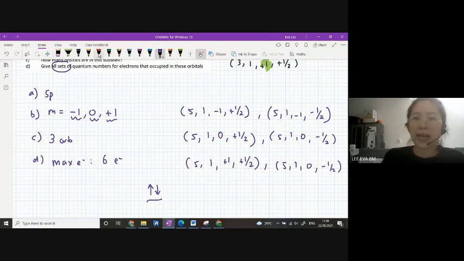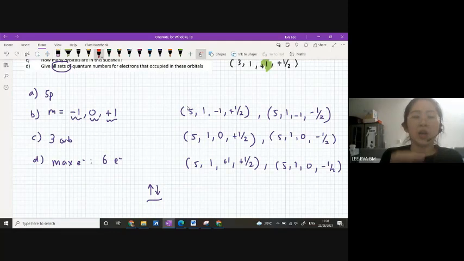So madam nak highlight dah bagi tahu semua orang dekat sini. Quantum number, satu quantum number macam satu address untuk satu elektron. Okay, satu address untuk elektron. Kalau dekat rumah awak ada 3 orang adik-beradik, nama berbeza tapi dia tinggal rumah sama. So mungkin dia ada salah satu nombor akan berbeza.